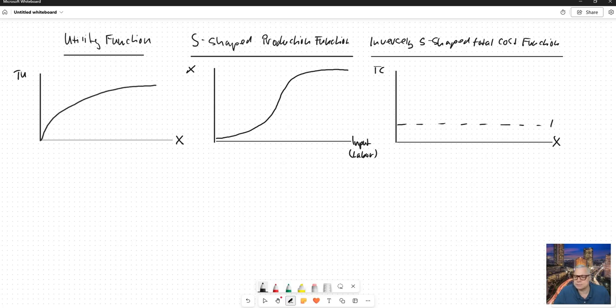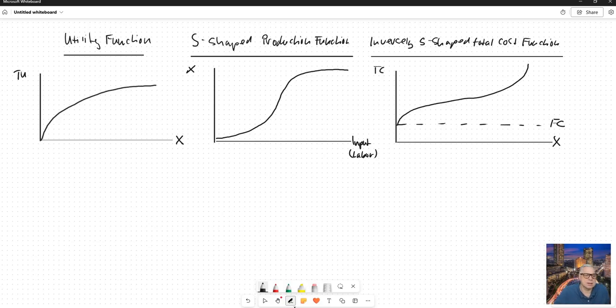And then on top of those fixed costs, we have this inversely S-shaped total cost function. So that looks something like this. Initially our output grows faster than total cost, but then it reaches a point of inflection and the total cost grows faster than the output.